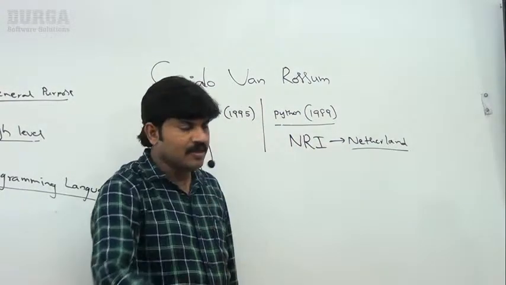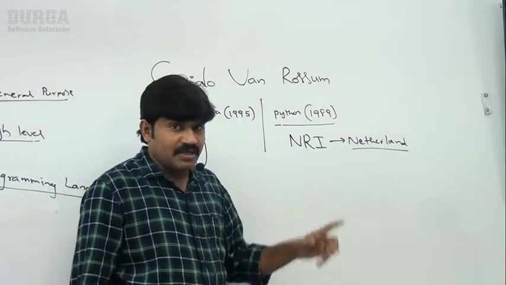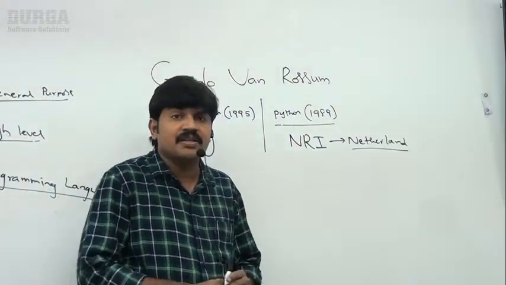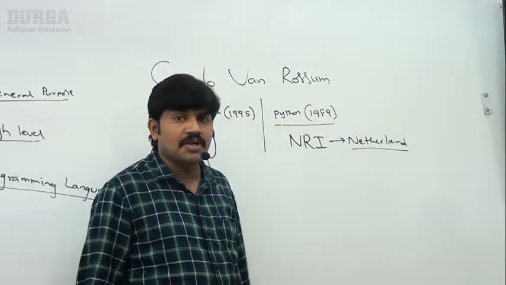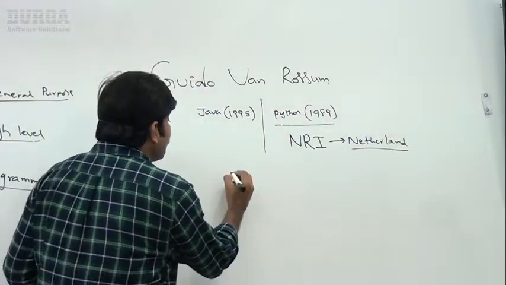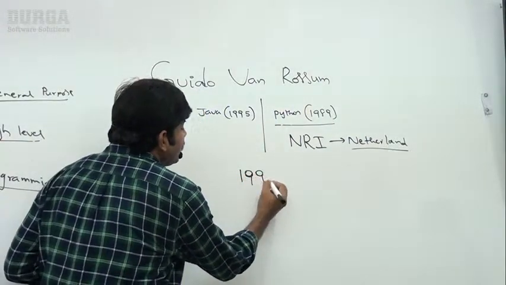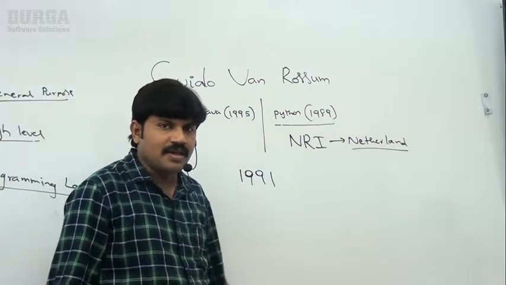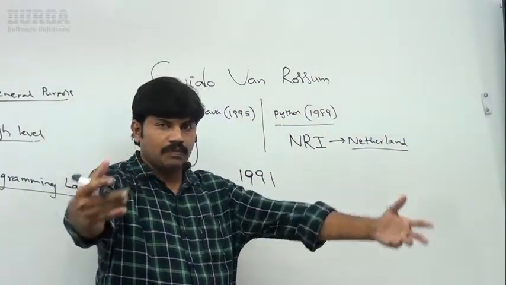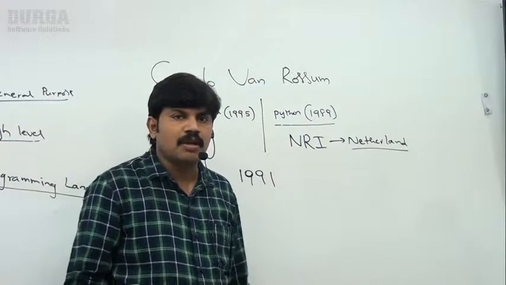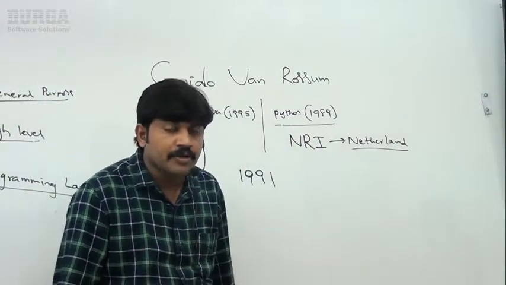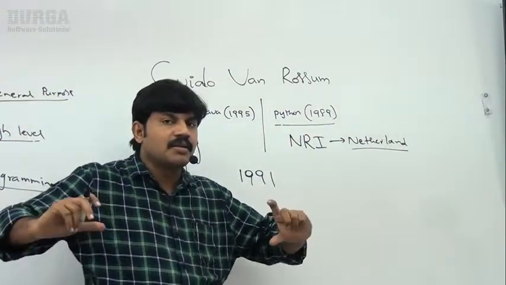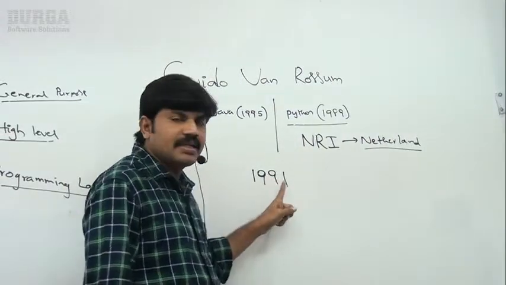Sir, in which year did this happen? 1989. Remember that. Even though it was developed in 1989, it was not released to the public immediately. In 1991, Python was made available to the public. Happily you can use this programming language and develop programs. So officially Python was released into the market in 1991.